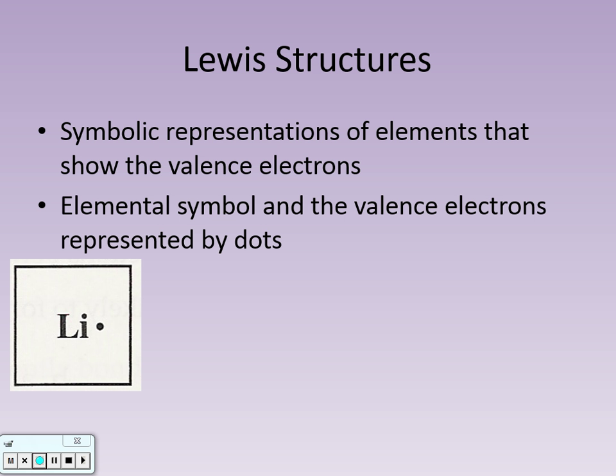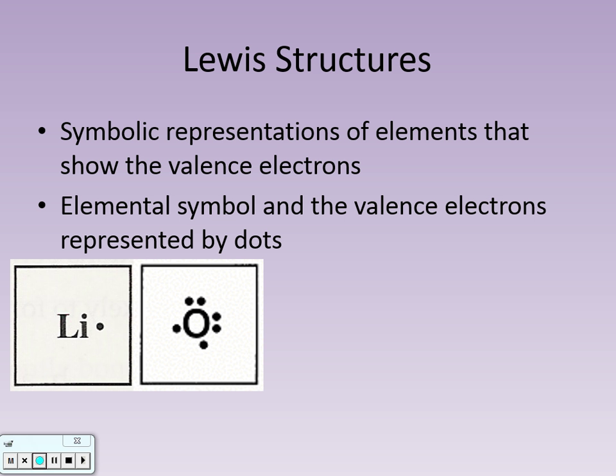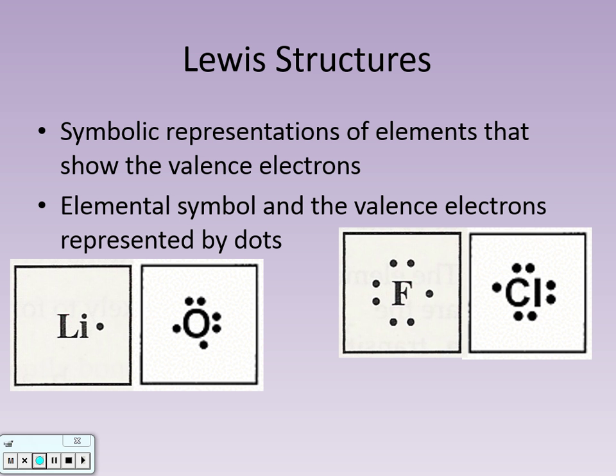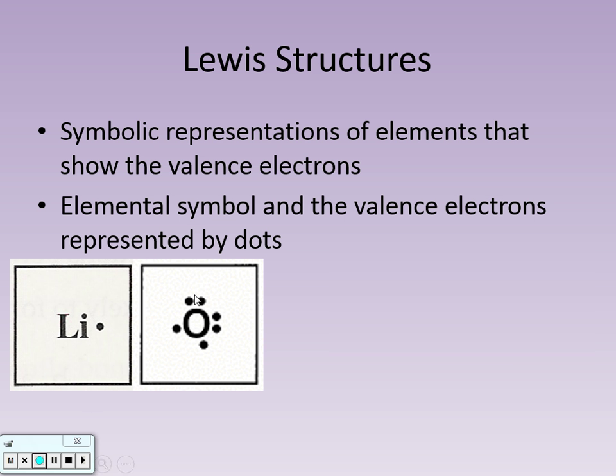The next element that's written on your outline is oxygen. How many valence electrons did we say oxygen had? 6. This is what the Lewis structure for oxygen looks like. Generally speaking, we look at the symbol as having 4 sides, like a top, a side, a bottom, and another side.